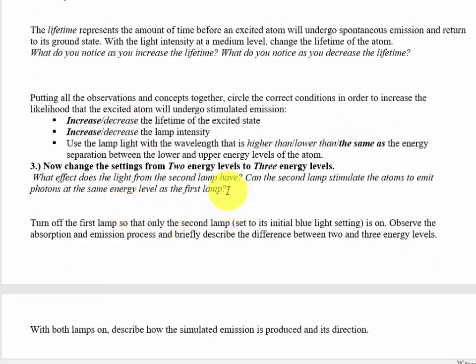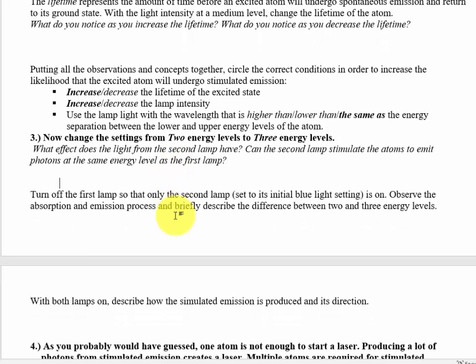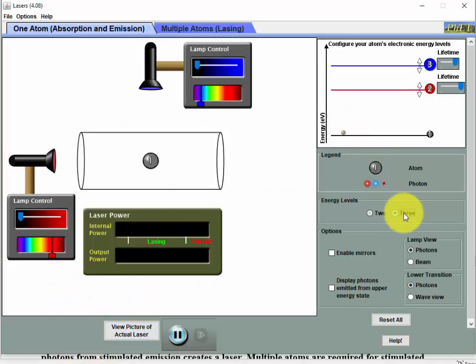Now I'm going to go to 2 energy levels, and I'm going to change it up to 3 energy levels, and pay attention to the effects. Then I'm going to mess around with the lamps. First I'm going to illuminate it only with the second lamp, and then I'm going to turn both lamps on. So here I've got my 3 energy levels. I'm going to leave this lamp turned off, and turn this lamp on.